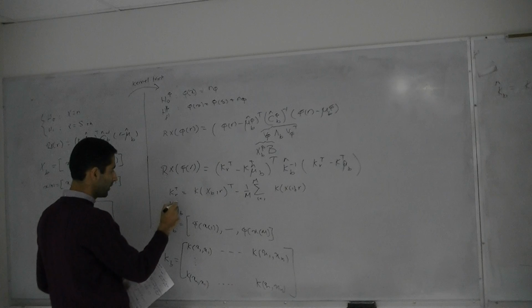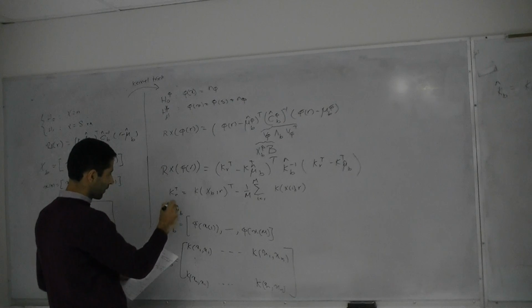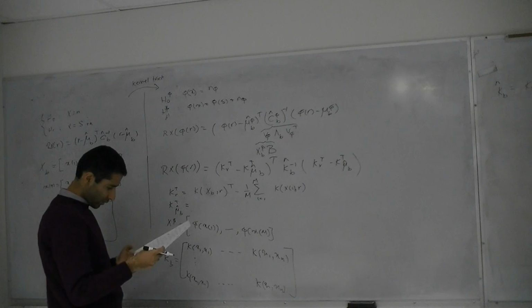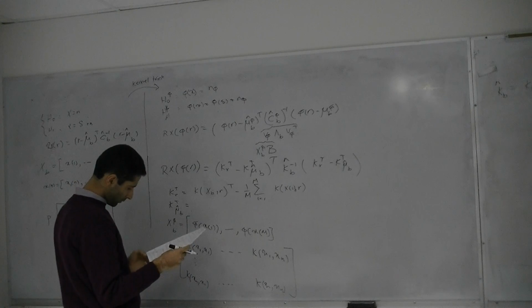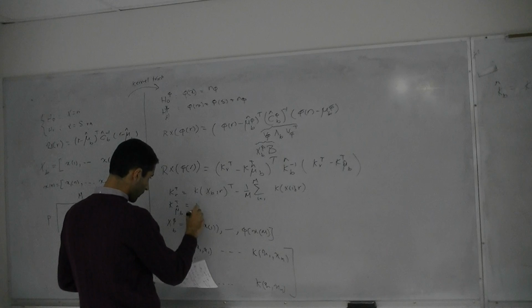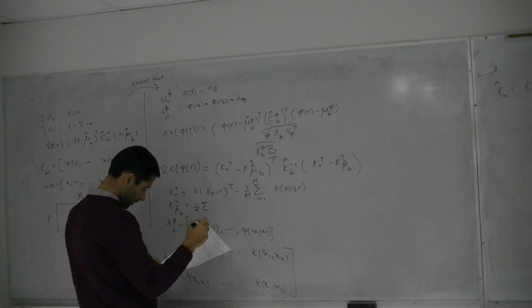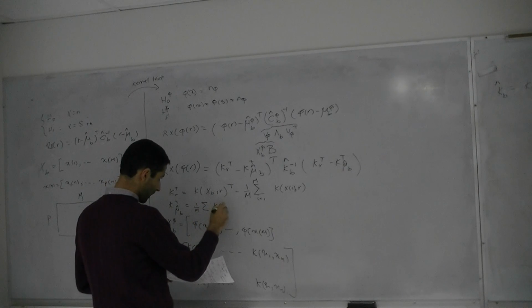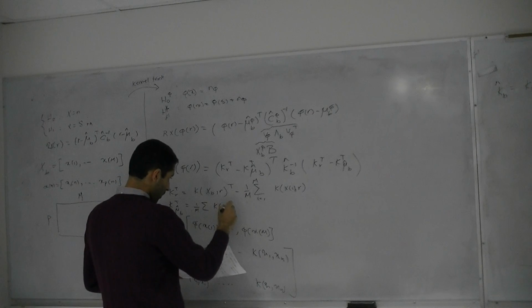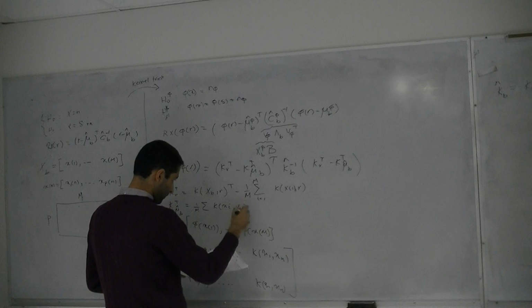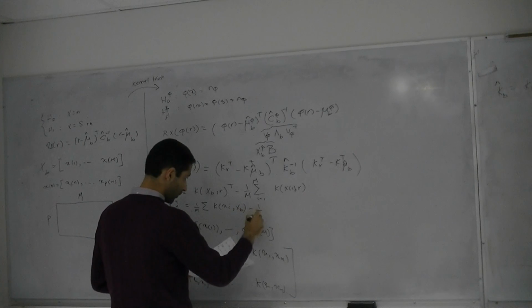mu hat B T. This one is equal to 1 over n sigma k x I x b minus 1 over n2.